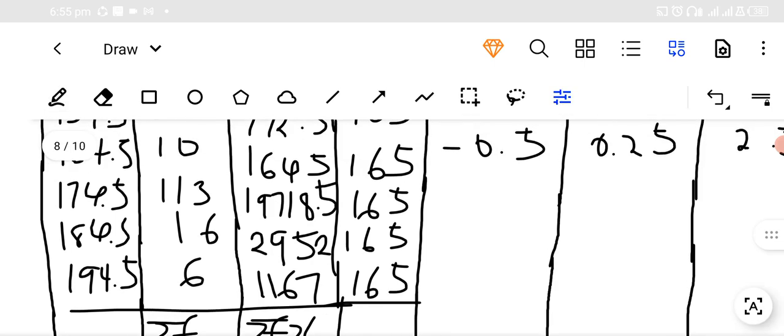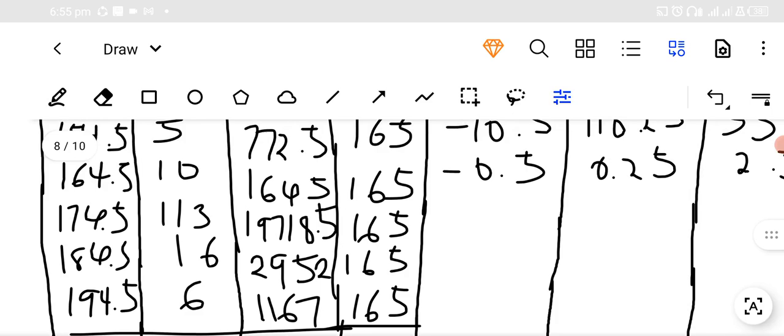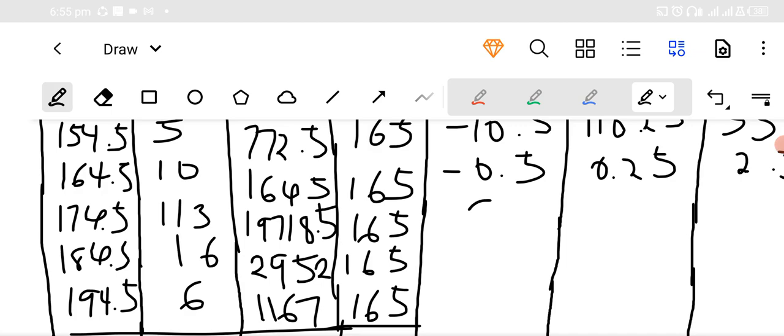The next thing will be 174.5. 174.5 minus 165. 9.5 is your answer. You square it, 90.25. Then this one multiply by 113.